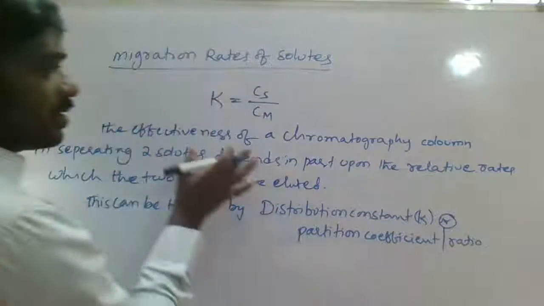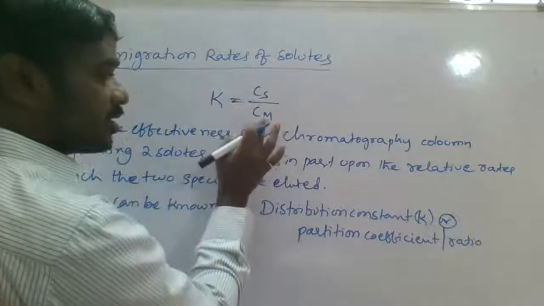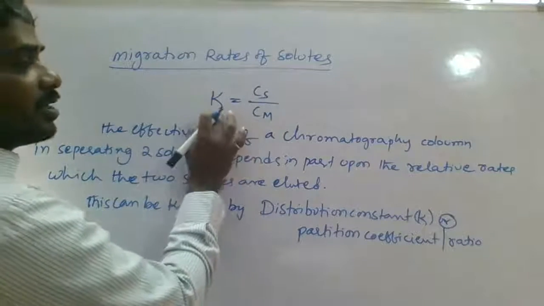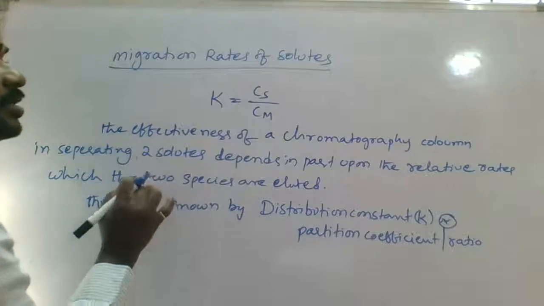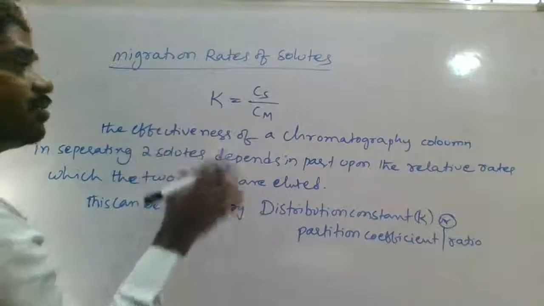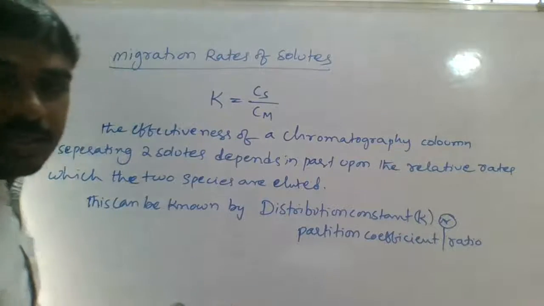That is the concentration of the solute present in the stationary phase over the concentration of the solute present in the mobile phase. The ratio is called the distribution coefficient. So depending on the distribution coefficient, the migration rates can be calculated.